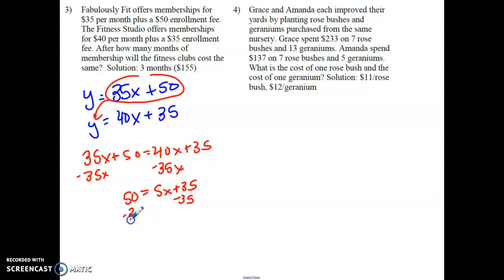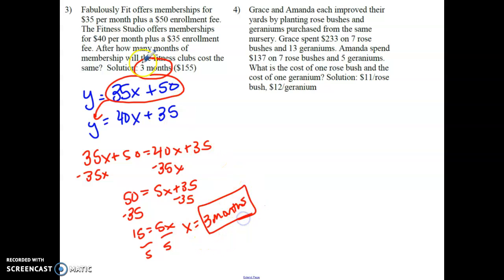I'm going to subtract 35 from both sides to get 15 equals 5x, and then divide by 5 to get x equals 3. So that means it takes 3 months before the memberships for the fitness clubs will cost the same. Okay, so that's why you see the solution is 3 months there. To find the total cost after 3 months, we could plug this back in, but the question doesn't actually ask us for that, so we can stop there.